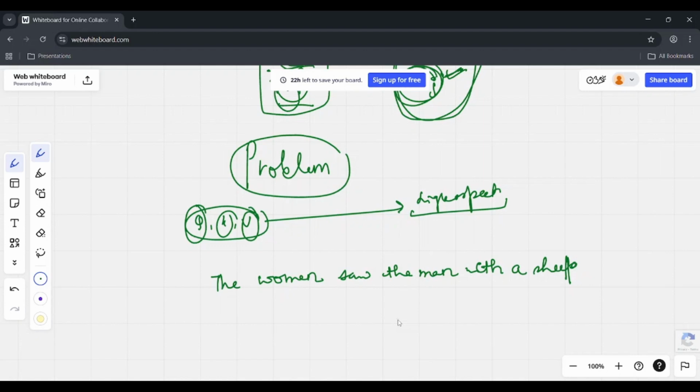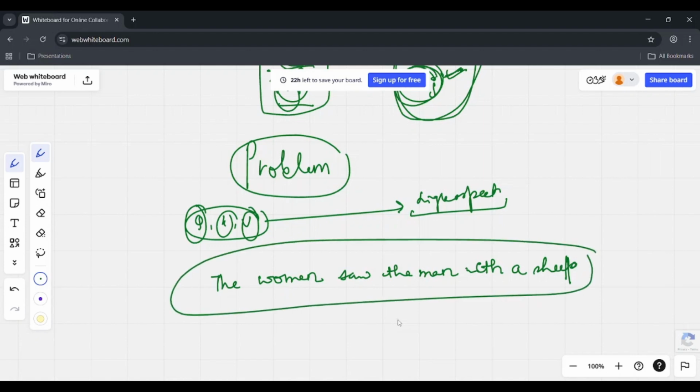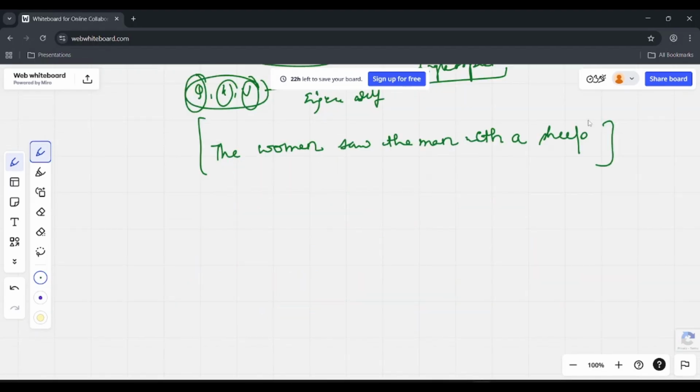Now, in this sentence, if you look, I will take a moment. I think this sentence is not right for it. Let me find another one. So instead of sheep, let's consider glass here. I think that this is a better example to consider. So this sentence means that the woman saw the man with the glass.